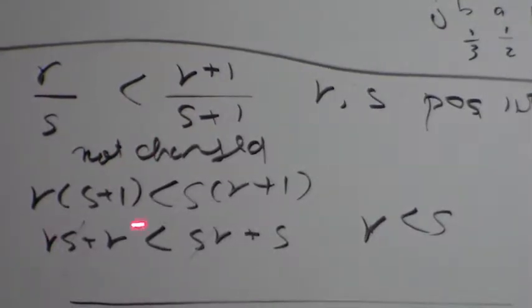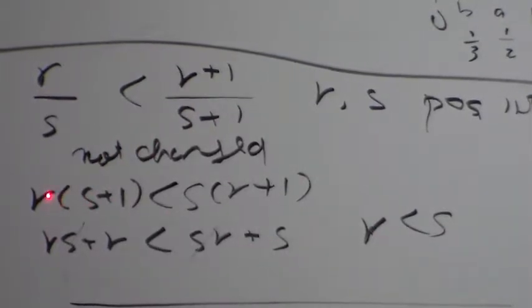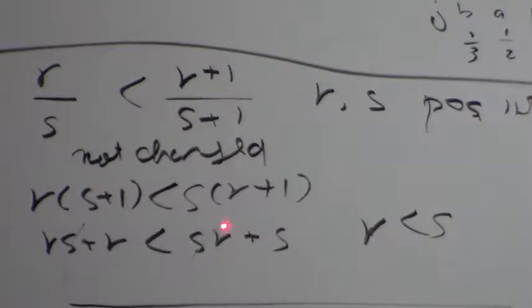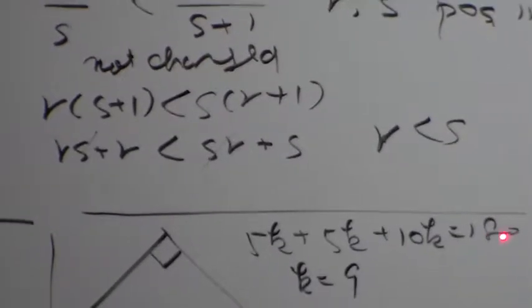But s is positive, so the sign never changes, right? So from here, once it distributes, this rs plus r is less than s times r plus s. So sr is gone, and left over is r is less than s. That's what it is, okay?